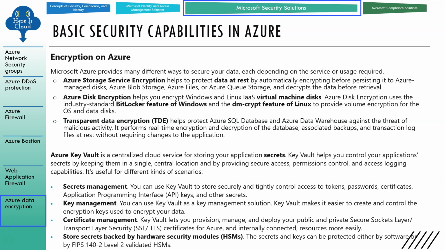Key management: it can be used as a key management solution, which helps to create and control the encryption keys used to encrypt your data. Or certificate management like SSL, TLS certificates. And it stores secrets backed by hardware security modules, HSM. So this is about Azure Key Vault, which is very useful for encryption in Azure.